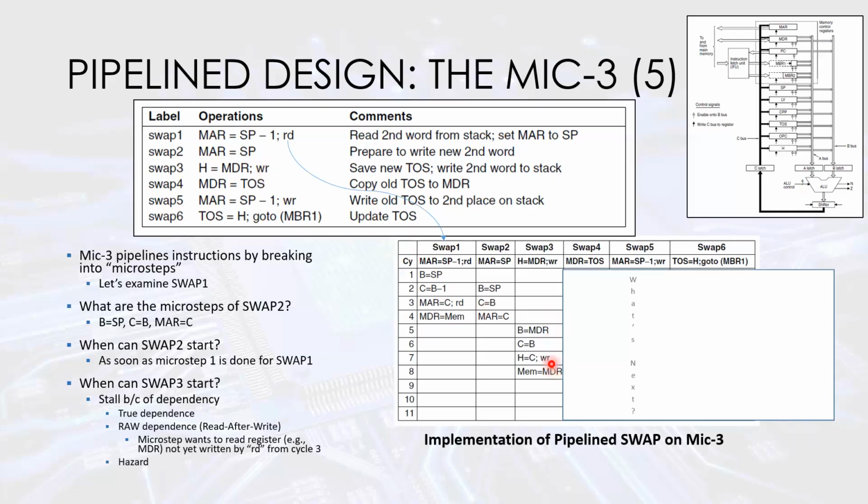You couldn't do the write until the value of MDR was set, because that's what you're writing. So the earliest you could do the write was cycle 5. I'm just following the standard. If you wanted to rearrange your hardware such that you can do writes earlier, maybe.